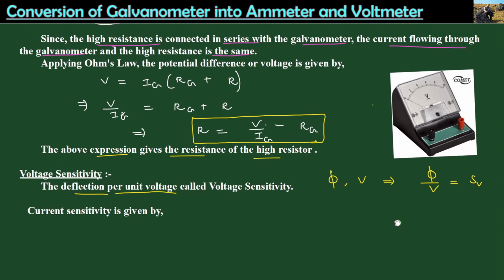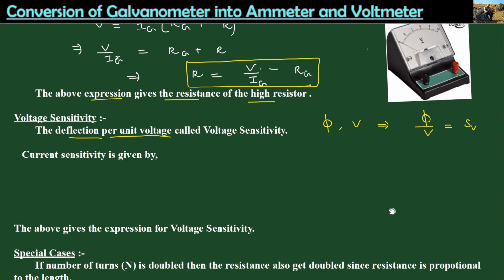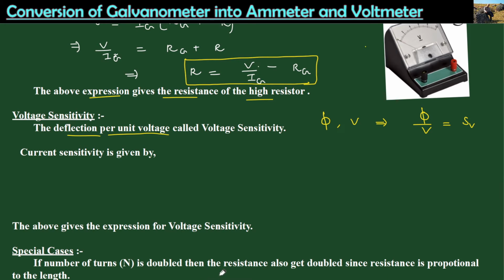While deducing the relationship of current through a galvanometer, we have come across this expression that we write down. I will be equal to NAB divided by K, into phi.